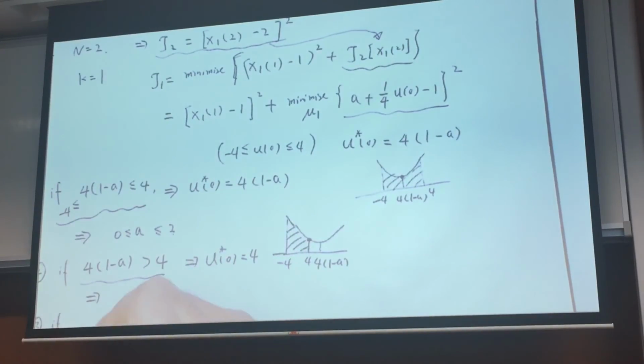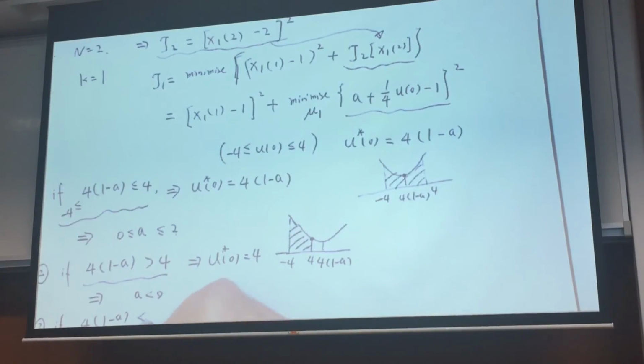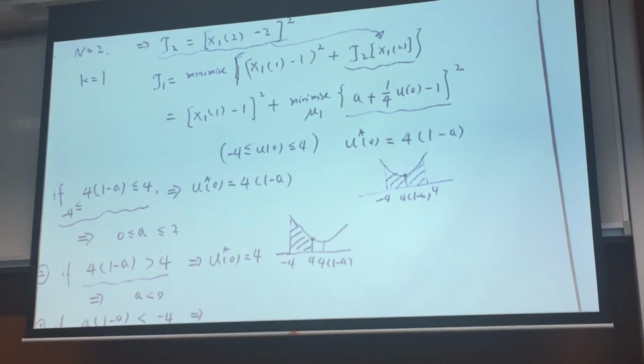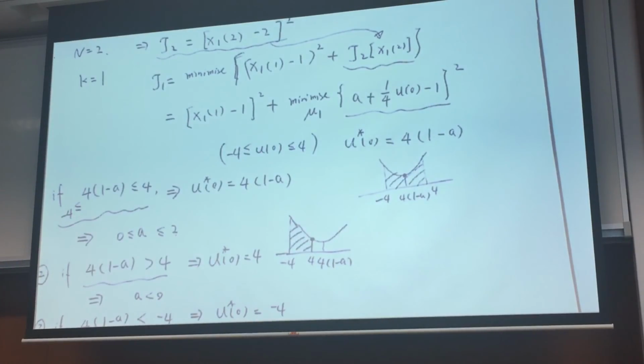Finally, if 4(1 minus A) is smaller than minus 4, we have u0 star equal to minus 4. You can make a derivation for this one, equivalent to A greater than 2.